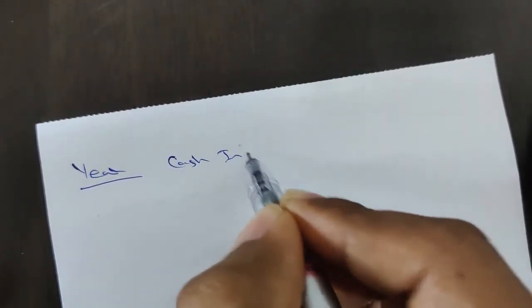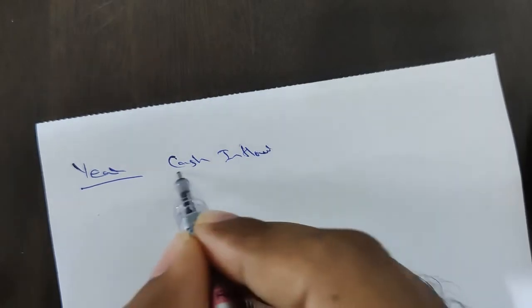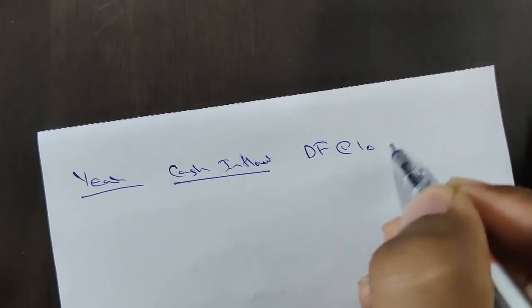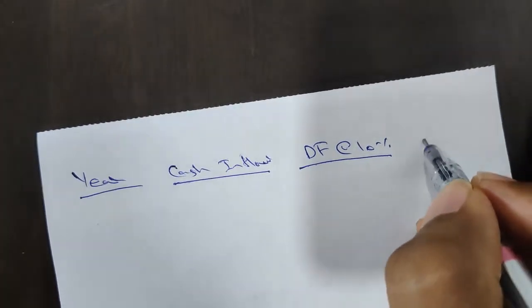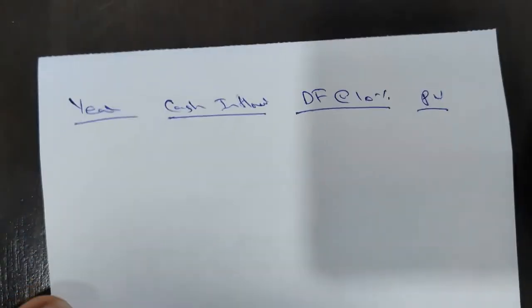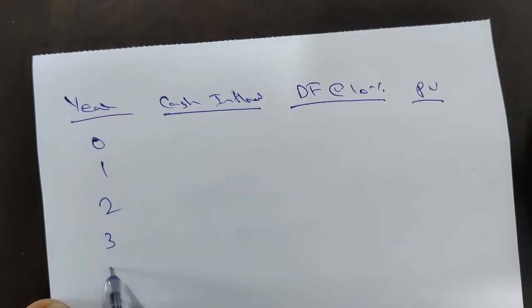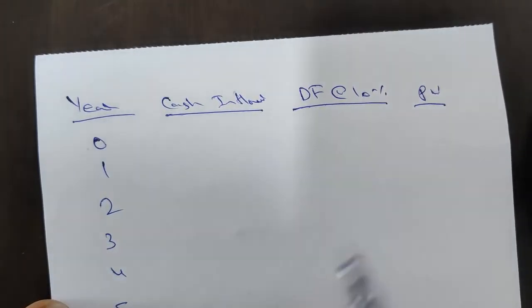So now let's just use this here: cash inflow, discounting factor at the rate of 10%, your present value. So 0, 1, 2, 3, 4, 5, 6.